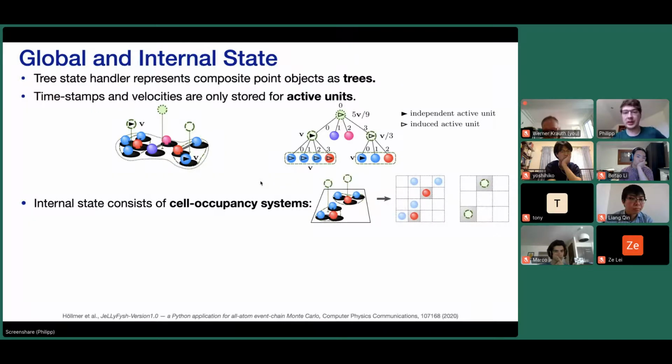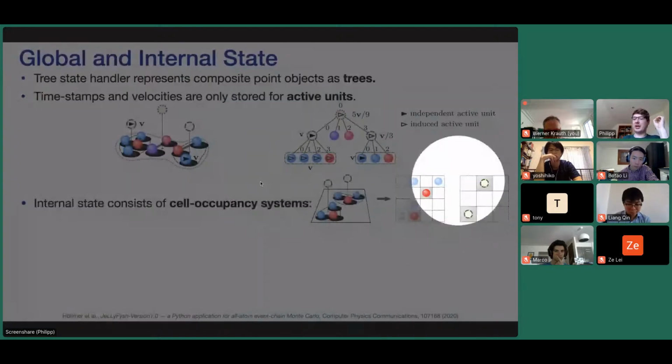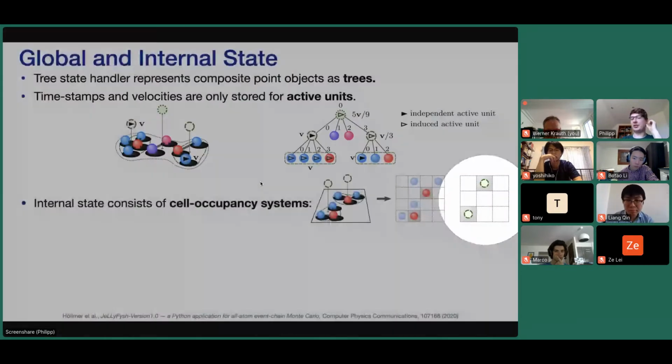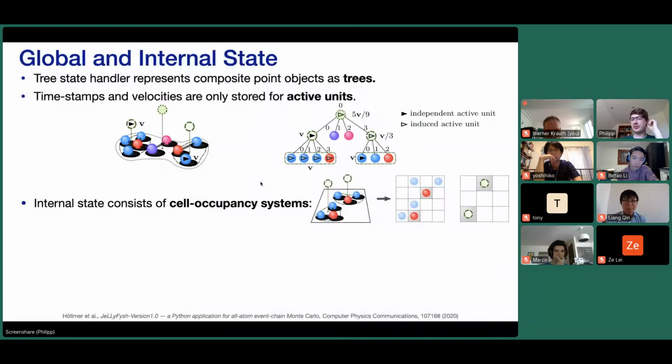Another great thing we can use this tree state for is in our internal state. So in our current version, the internal state consists mainly of the cell occupancy system, which is used for cell-based bounding potentials, basically, and for the cell-veto algorithm, and also to detect nearby particles. However, this tree-based composite point objects allow us to not only track atoms, which is done here on the left, but we can also track the average positions of full molecules very easily.